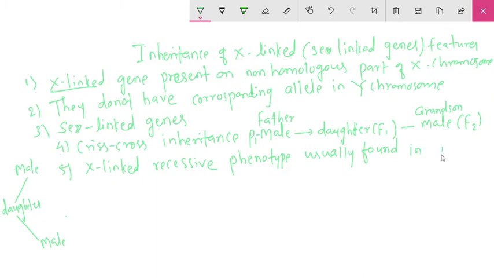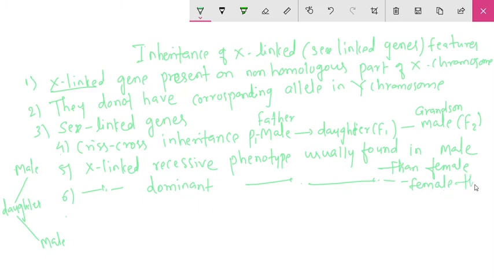And this is exactly reverse for the dominant one. So the X-linked dominant phenotype is usually found in female than male. Okay, so how does it happen?